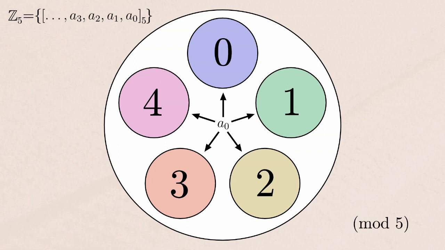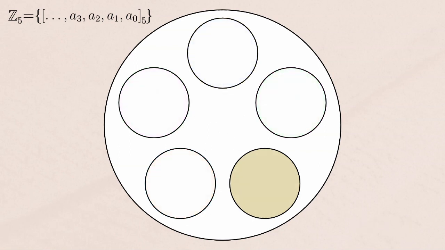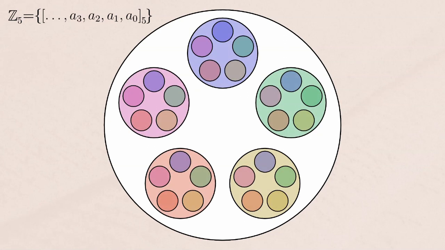Next, I'll split up each of these circles and arrange elements according to their next most significant digit, a1. So for example, if a0 happened to be equal to 2, our number would lie inside one of these smaller circles according to whether its a1 digit is 0, 1, 2, 3, or 4. And the same is true for all the other possible values of a0.